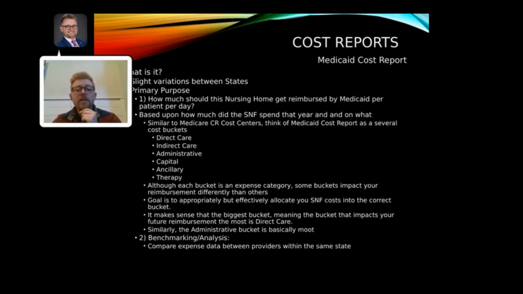As you probably guessed, indirect care would be those things that definitely impact care, but not directly in a way that an RN would. That would be like your raw food, your cooks, your housekeepers, things that are very important to the operations of your nursing home, but they're not considered direct care; they're indirect care.